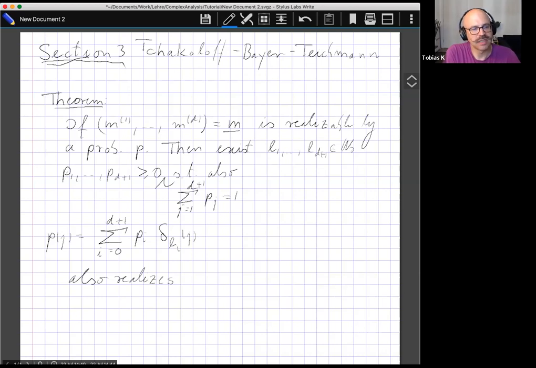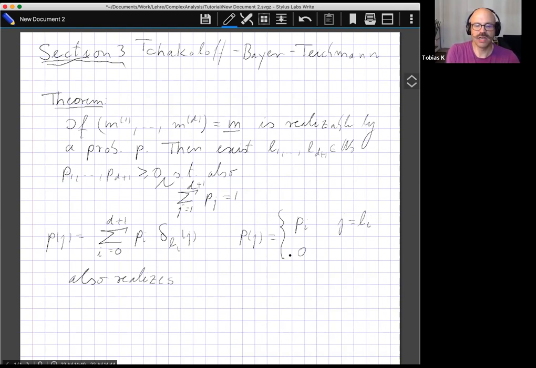What it means is that the probability of J is equal to Pi if J is equal to Li, and it's 0 otherwise. So there is a probability which is 0 except at these places which are given by L1 till L D plus 1.